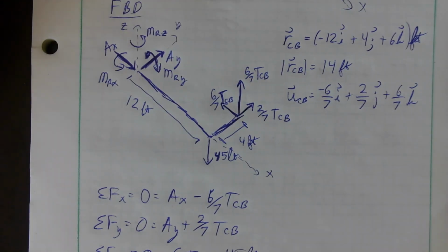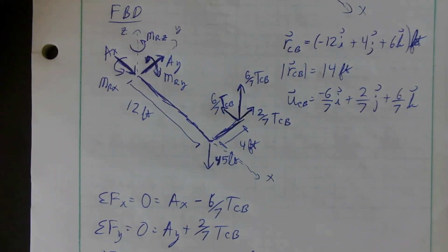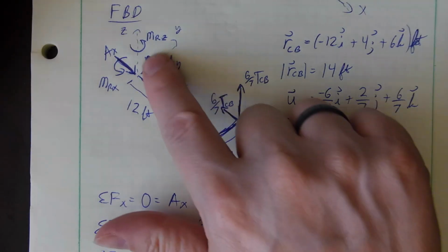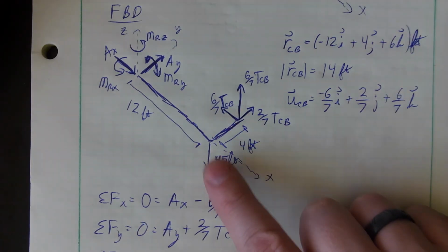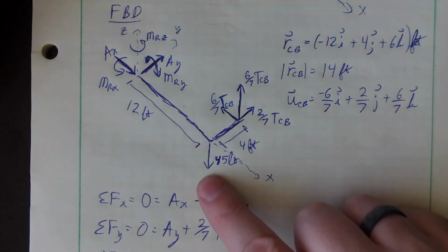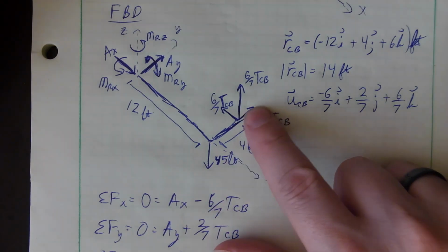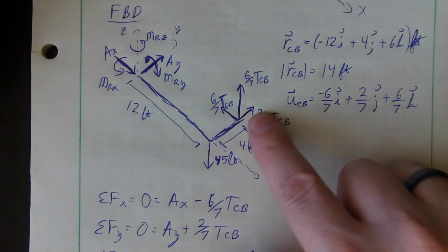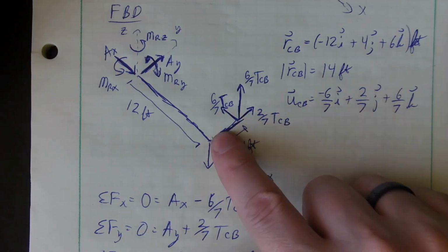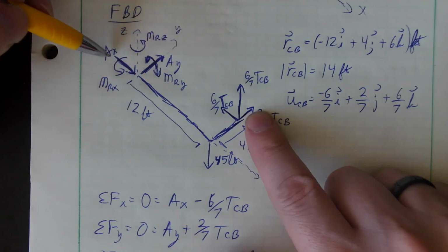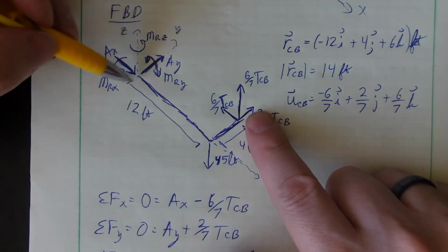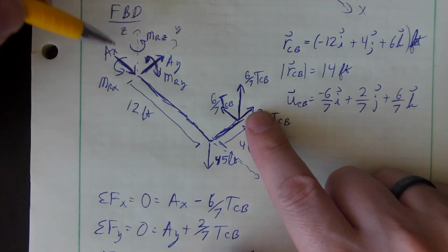And then also, let's look at forces causing a moment about this x-axis. Well, this force, this 45 pounds, passes through the x-axis. There's no moment caused there. This y component passes through the x-axis, so no moment caused there. And also notice both these reactions pass through the x-axis, so there's no moment caused there.